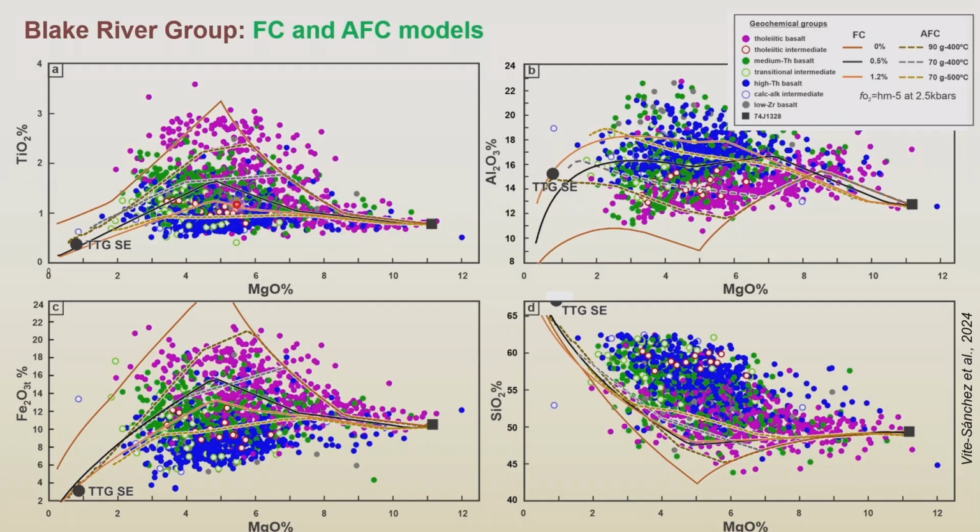We can observe how the more water-rich magmas tend to be on this lower side. We can also observe that for the other groups, when you have an assimilation, an AFC process with a TTG, you can modify the fractionation lines, as you can see with these dotted lines.